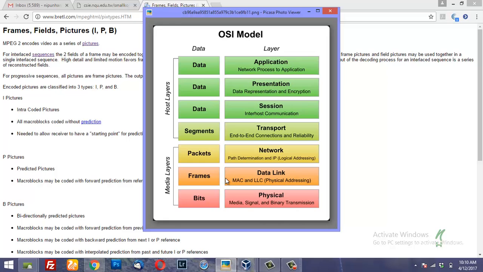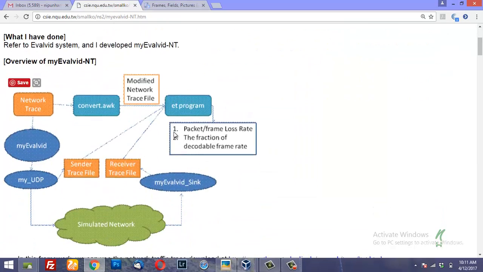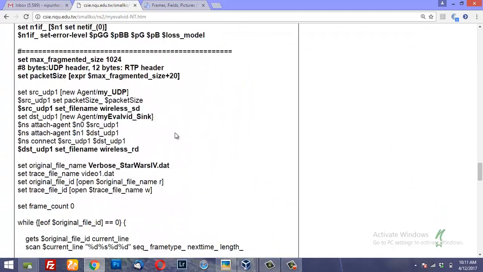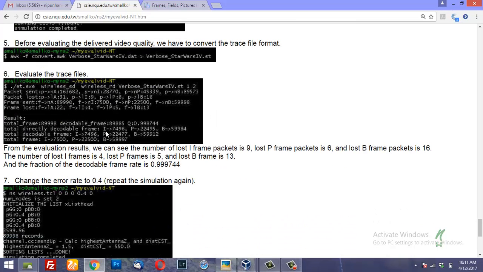But these frames are different because these are data link frames, and they contain other information like CRC or the MAC address information, etc. Now please understand, when Smallco talks about calculating the frame loss of multimedia traffic, he's basically talking about calculating the frames generated at the application layer, not the frames at the data link layer.